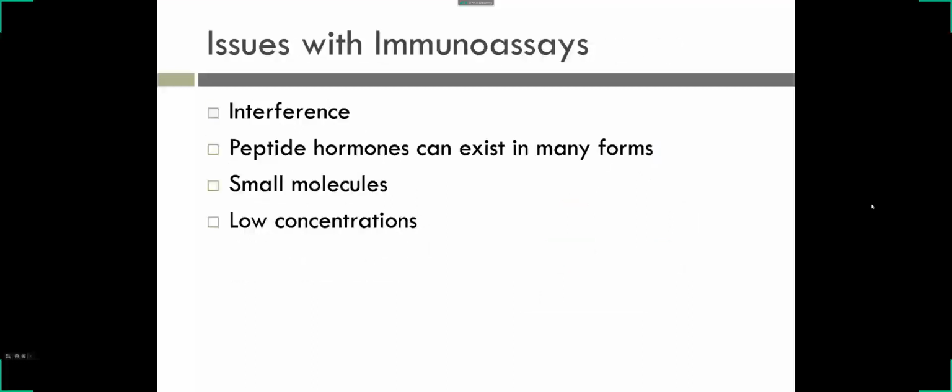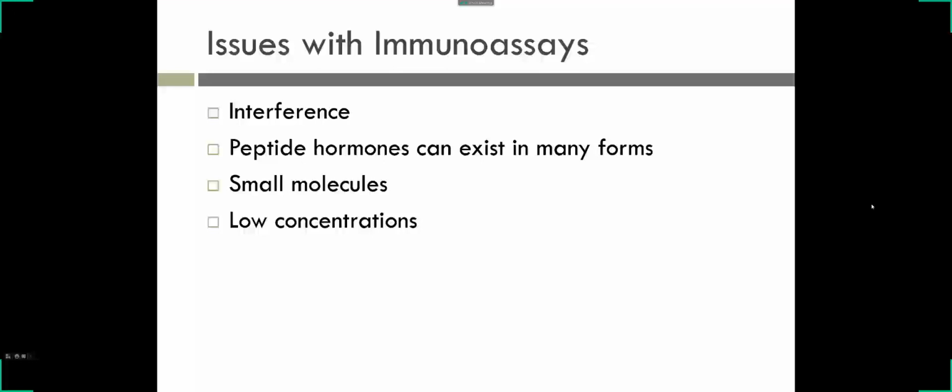So what are some of the problems with immunoassays? You can get interference, so the hormone may be sticky and bind to the plastic. You may get antibodies that are nonspecific. You may have problems from the plasma interfering with your fluorescence. Peptide hormones, which we'll talk about later, can exist in many forms. They can be cleaved, they can be glycosylated.